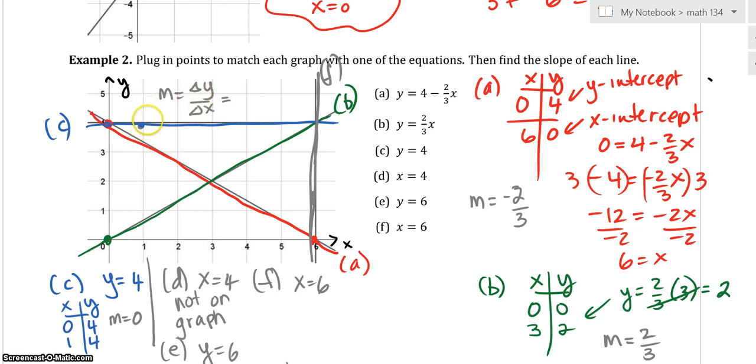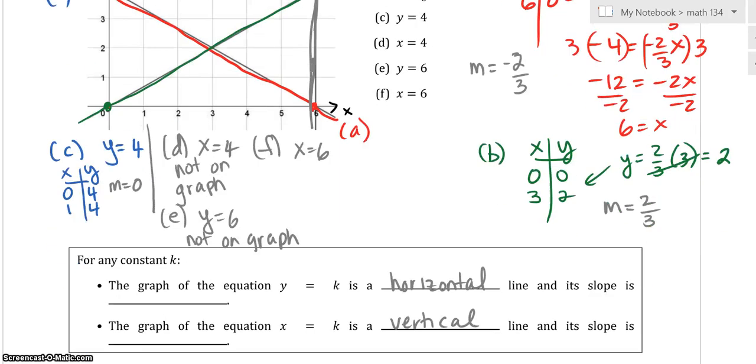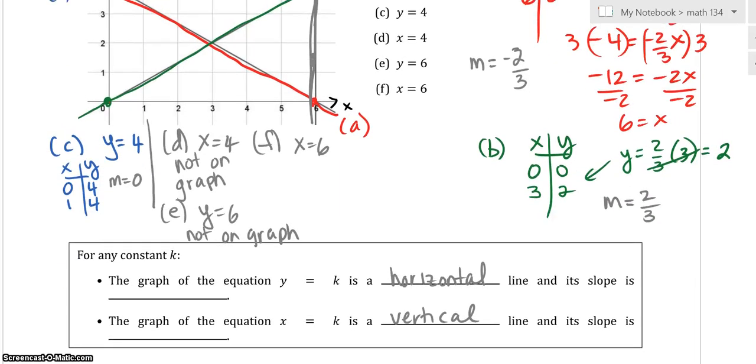And notice how we're not going up or down, so it's 0. On these two, we rose 0, we ran 1, but it doesn't matter. The whole thing is 0. The slope is 0 for any horizontal line. So they have down here, horizontal line, the slope is 0.